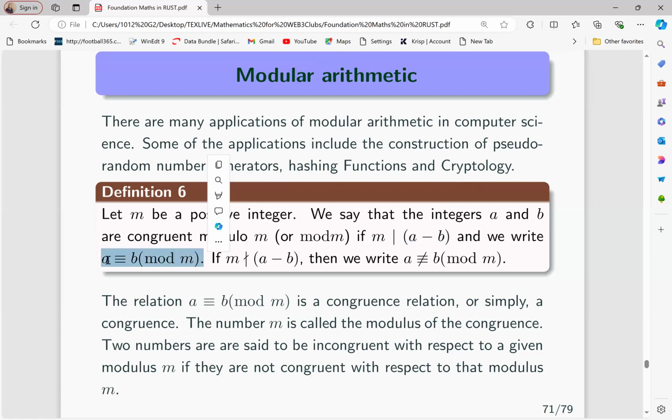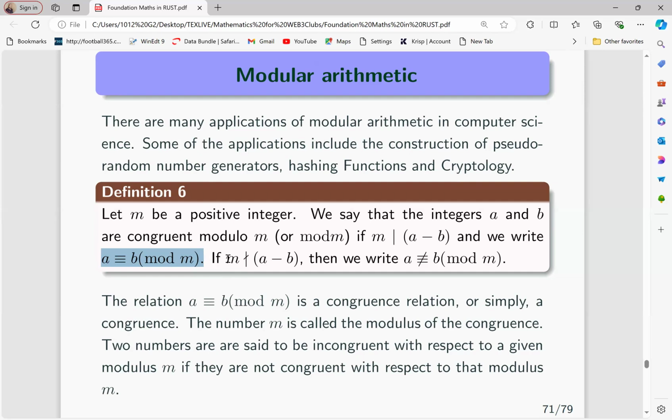And that is how we read it: a is congruent to b mod m. We've already said what that means: if a is congruent to b mod m, then m divides the difference between a and b.